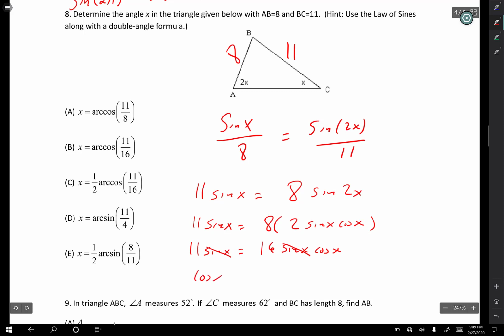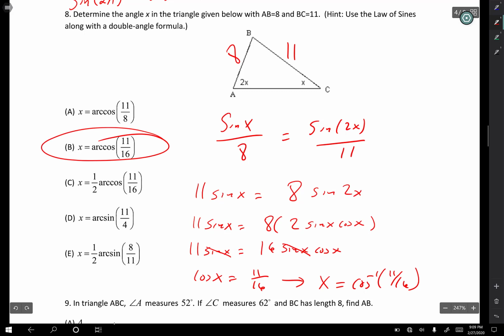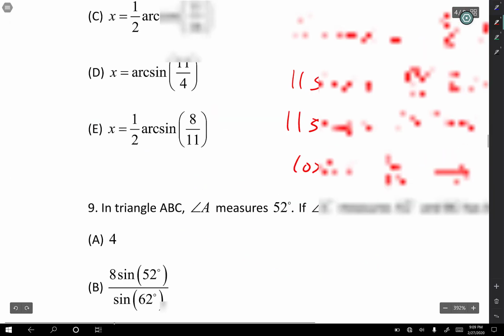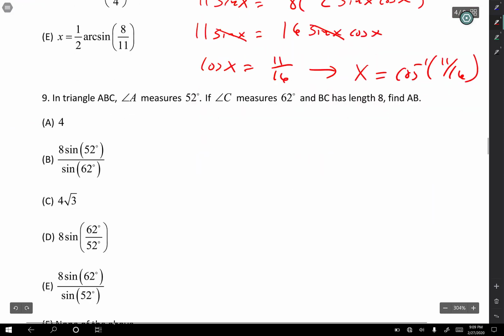Cosine x is equal to 11 over 16. To get x by itself, you take the inverse, so arc cosine of 11 over 16. If I went too fast, guys, please rewind it and look at it again.